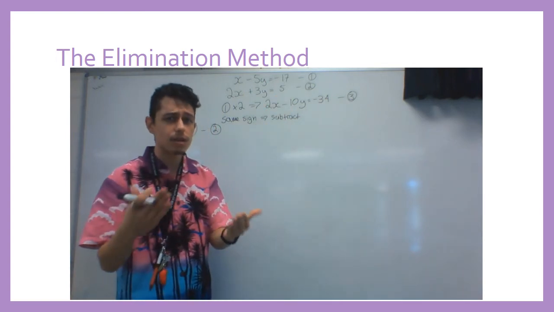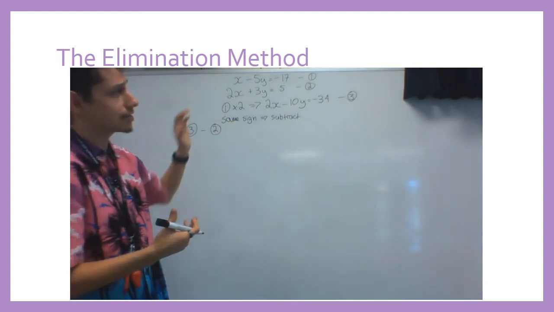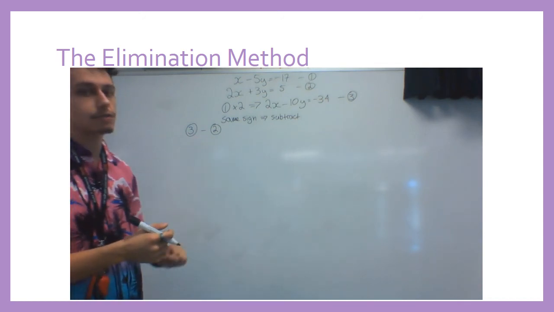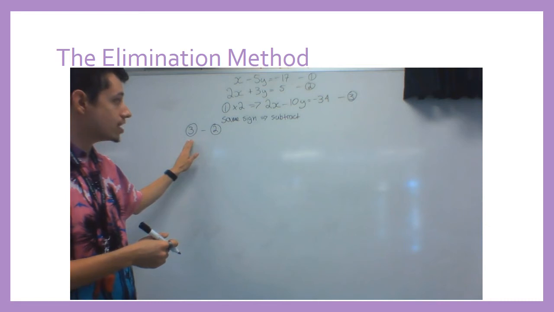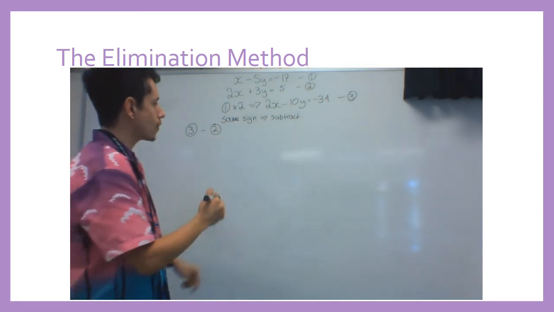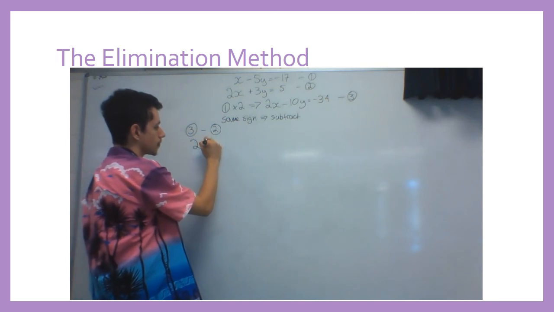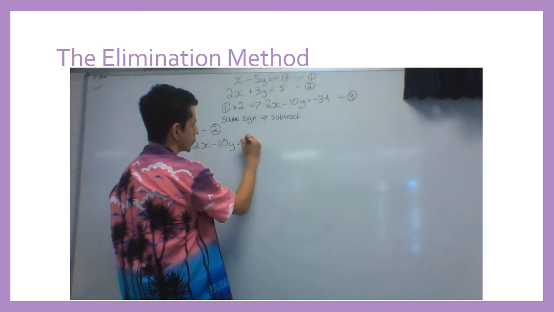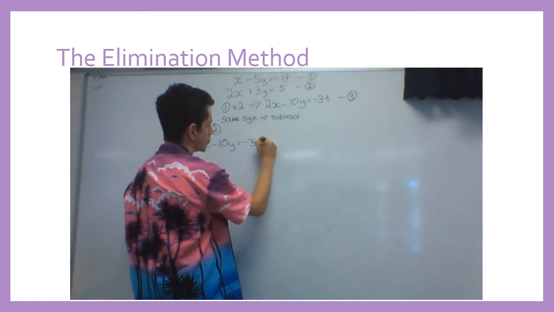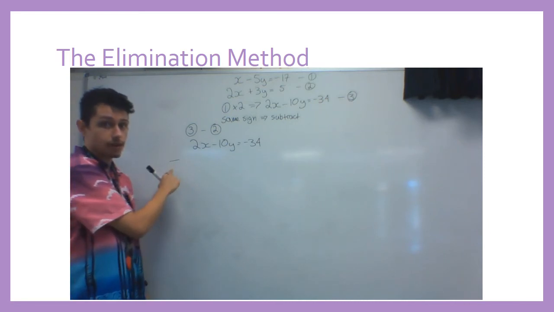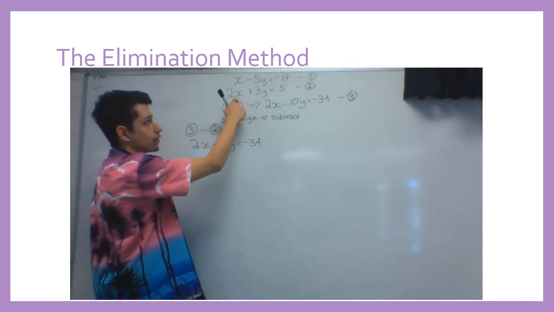Doesn't really matter which way you do it, because we're going to eliminate x either way, but what is really important is that my laying out is really clear. So I'm doing equation 3, subtract equation 2. I'm going to write equation 3, then I'm going to put my operation out here, which is a subtract, then I'm going to write equation 2.